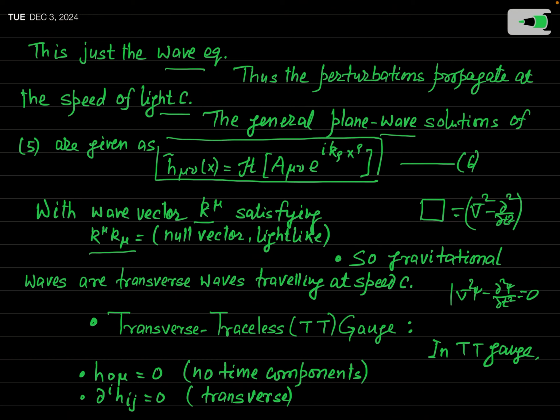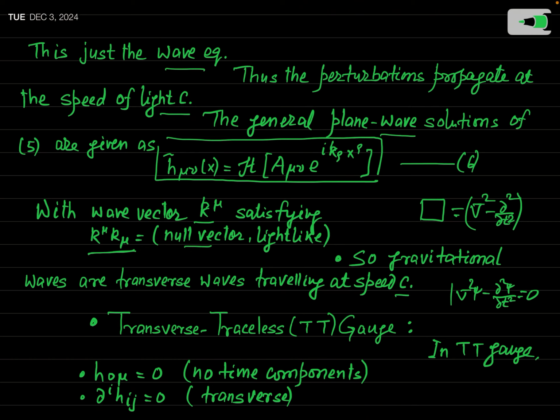It means the scalar product of the two wave vectors, one contravariant and the other covariant, is 0. It means this is just a null vector. And so it is just like light. This result implies that the gravitational wave travels at the speed of c.